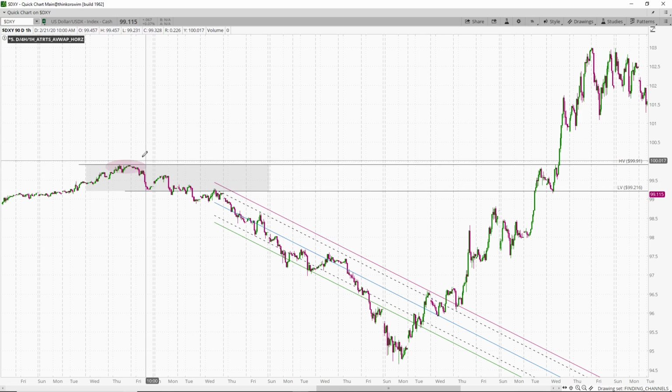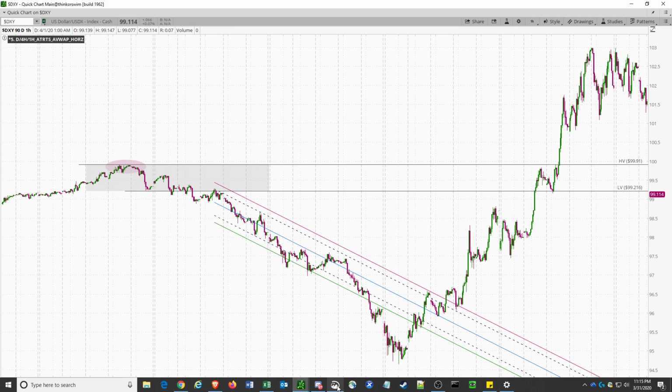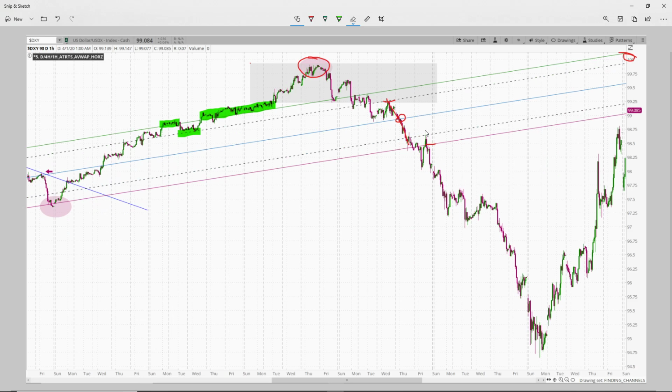So would we start the channel up here? I don't think so. I think once we break this range and get into that lower area, this becomes your first pivot. This becomes your first actionable pivot, if you will, for your channel.